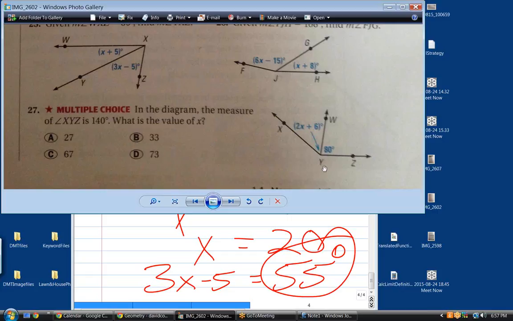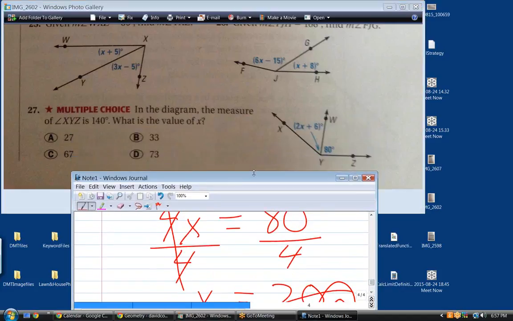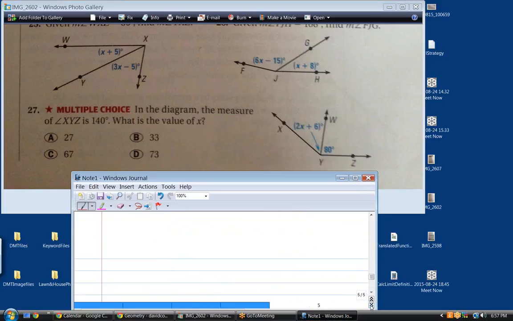Okay, so I'll see if you can do this one on your own. Remember, the goal is to write an equation that we can solve.